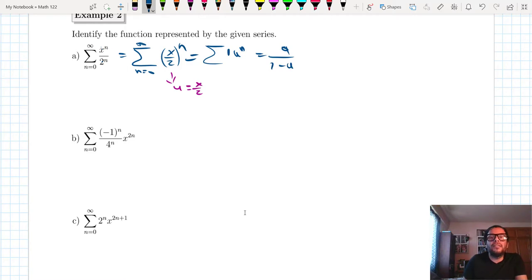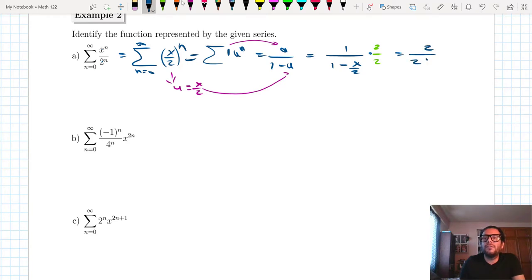But a for us is this one right here, and this u is right there. So the function represented by that series will be 1 over 1 minus x over 2. And you might want to simplify the complex fraction by multiplying and dividing by 2. So this will give us 2 over 2 minus x.